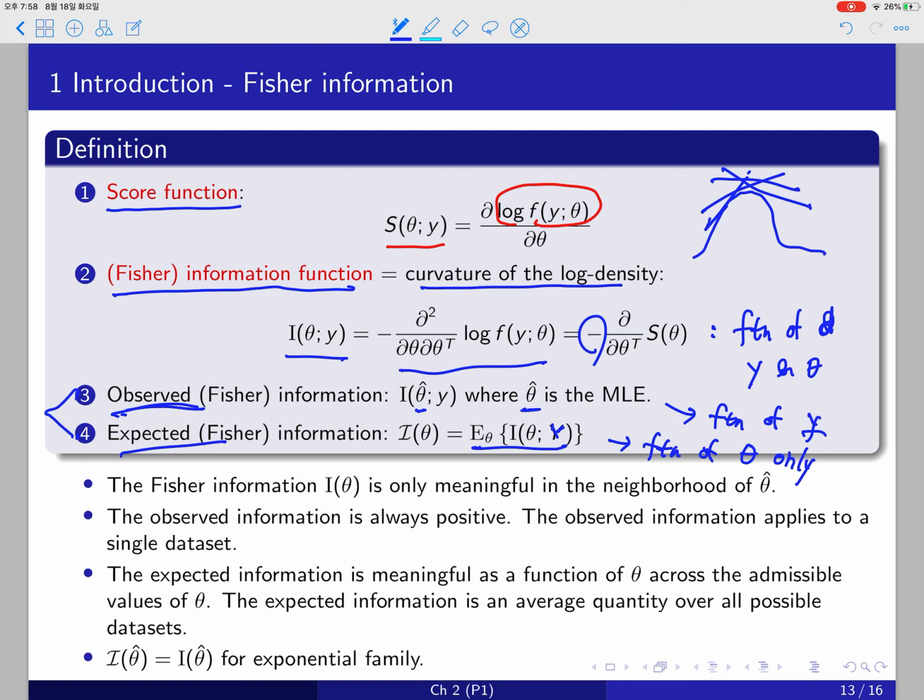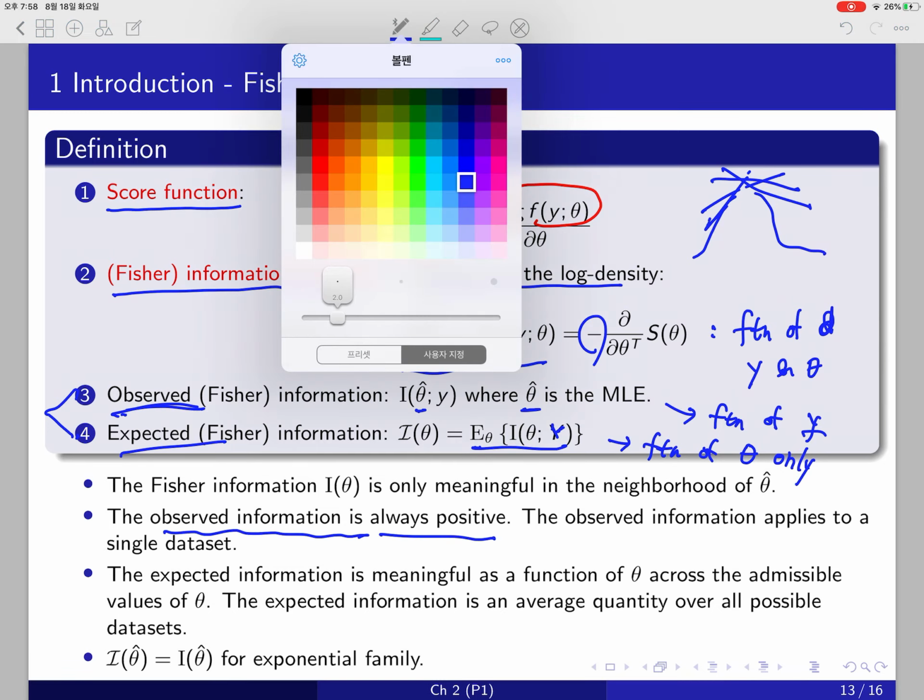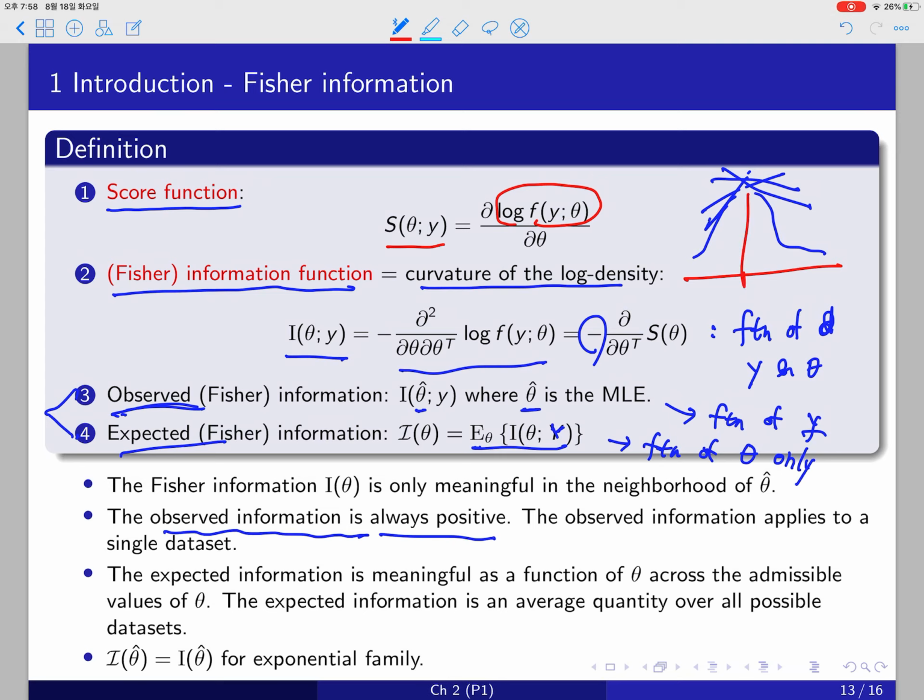The observed information is always positive, because we know that this point is a maximum. Because of the existence of a maximum, it is supposed to be positive.